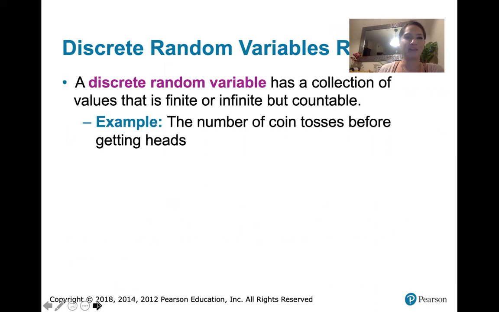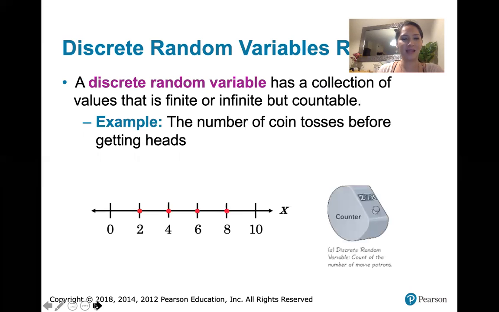For example, the number of coin tosses before getting heads is a discrete random variable, because you could have 1 coin toss or 2 coin tosses or 100 coin tosses or 1,000,000 coin tosses. Or if you have a weighted coin, maybe you never get heads, you get tails. But if you're counting the number of tosses, say 1 toss, 2 tosses, 3 tosses, and so on, even if it's infinite, even if you never get heads, it's infinite but countable.